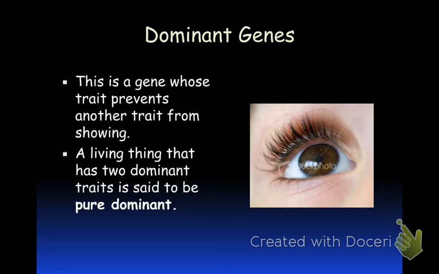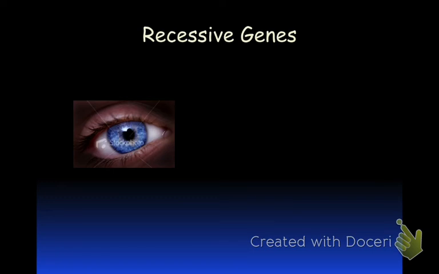So you can tell by looking at an organism if it has a dominant gene, but you cannot tell if it's pure dominant just by looking at its phenotype. But you can tell the genotype by looking at someone with a recessive phenotype.